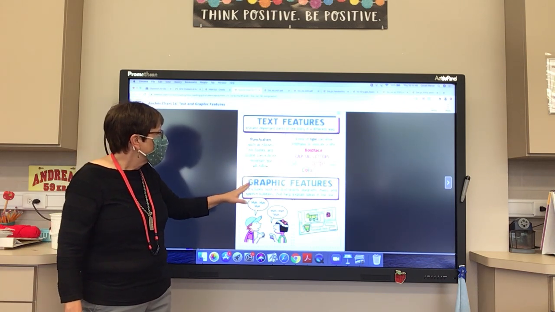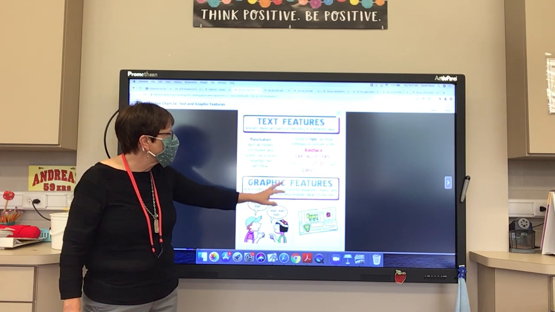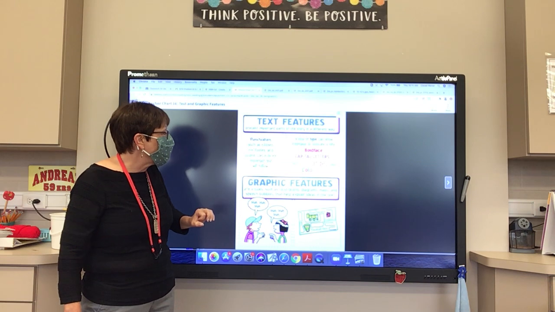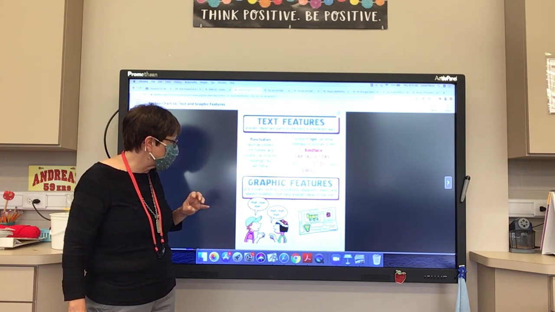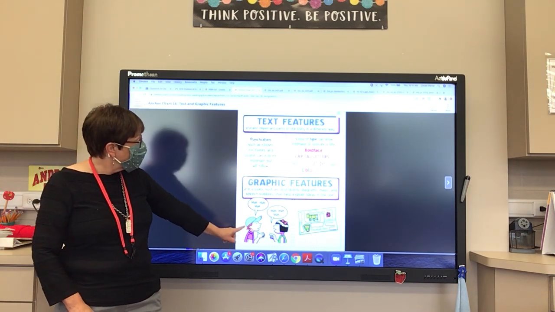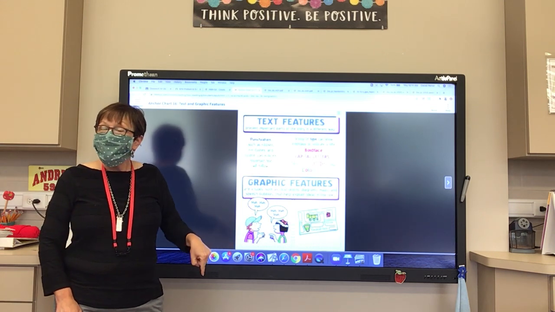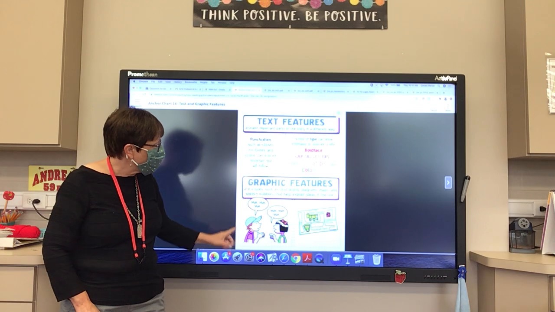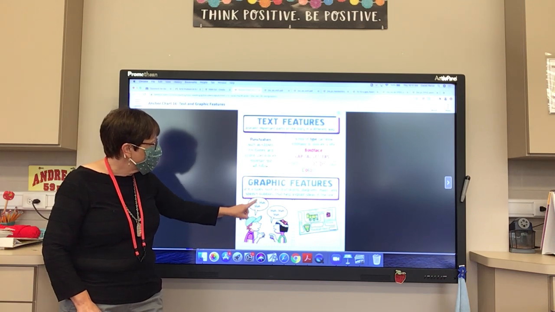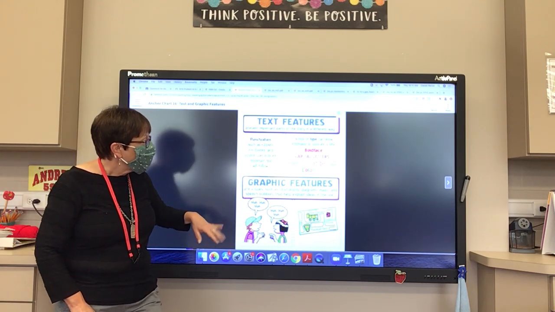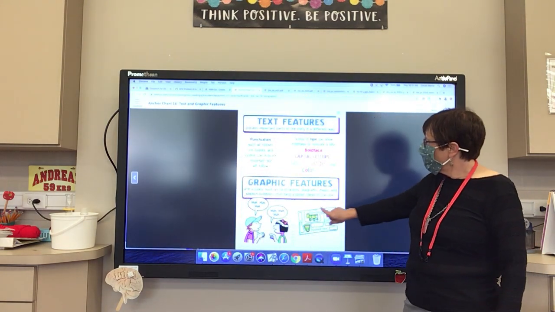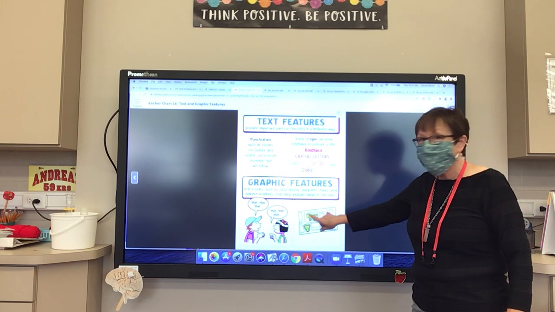So graphic features are visuals such as illustrations, diagrams, maps, and speech bubbles that help explain ideas in the text. So, here are some speech bubbles. He's saying blah, blah, blah. That is a graphic feature. These are speech bubbles. And then here, we've got a map. A map is a graphic feature.